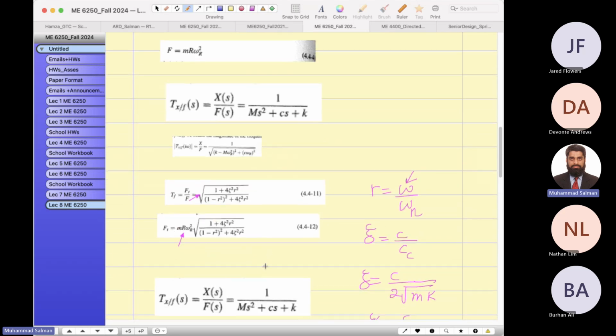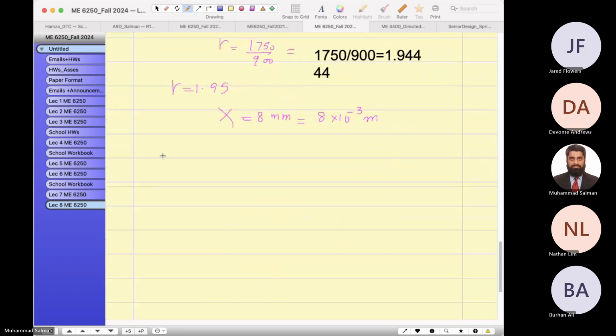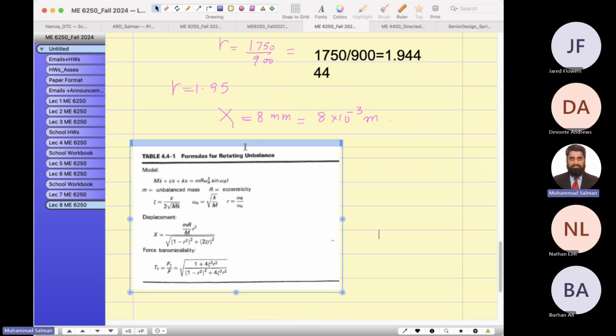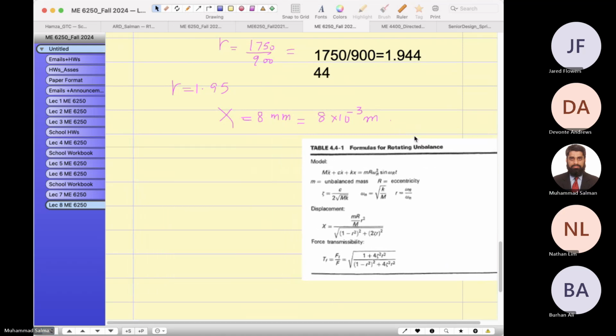Yes, so I'm going to share with you this formula here. Let me grab the formula sheet for you to solve this question. This is table 4.4-1 for rotating unbalance. So we need this formula.